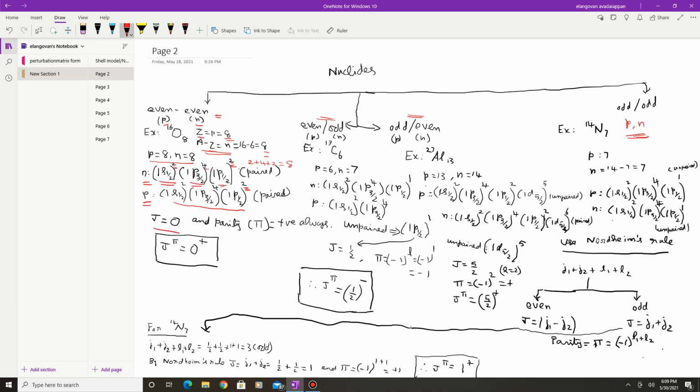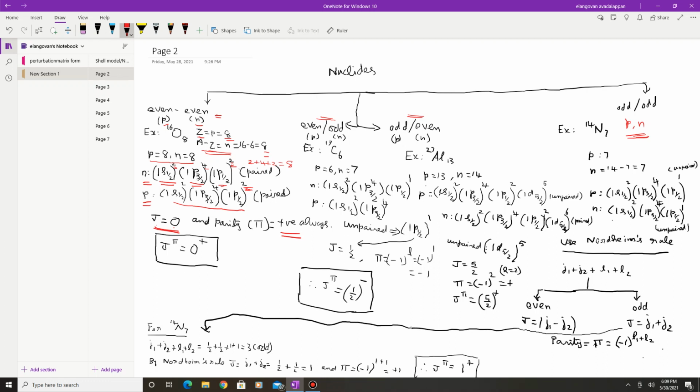So J must be 0 because they are paired states. Even numbers are paired states. So the total angular momentum is 0, and the parity is always positive. So if both are even, the parity is positive.